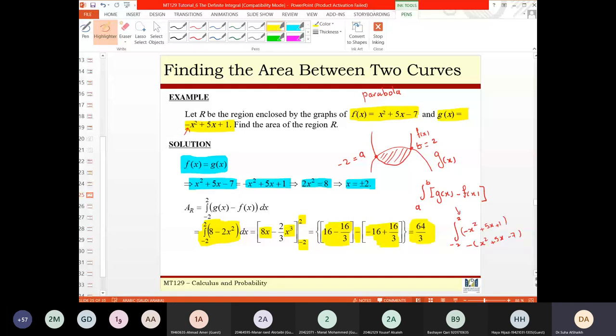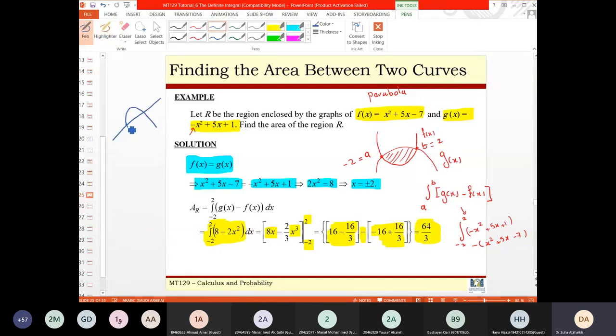And this is one of the things that should definitely come in the final. There must be a question in the final, in part B, about finding the area between two curves. Now this case was a parabola with a parabola. It could be a parabola with a line. You could have this parabola and this line, for example, and I want you to find the area between them.